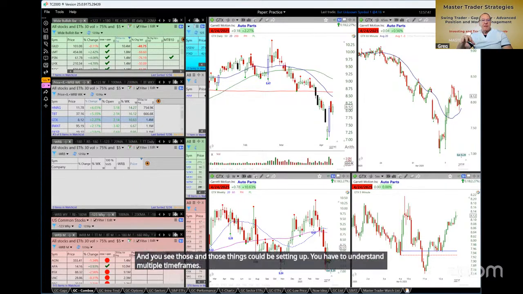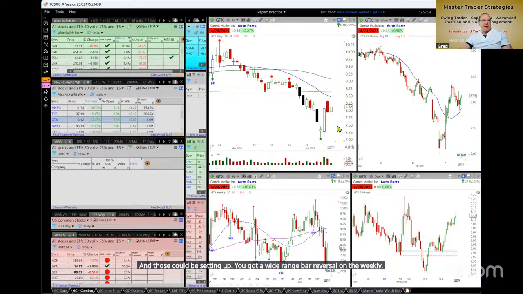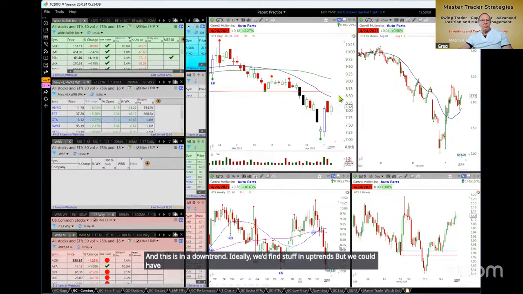You got a wide range bar reversal on the weekly, and this is in a downtrend. Ideally, we'd find stuff in uptrends, but we could have where prices could move up over the next several days, or maybe if it was in an uptrend in a bullish market, it could have really large moves.